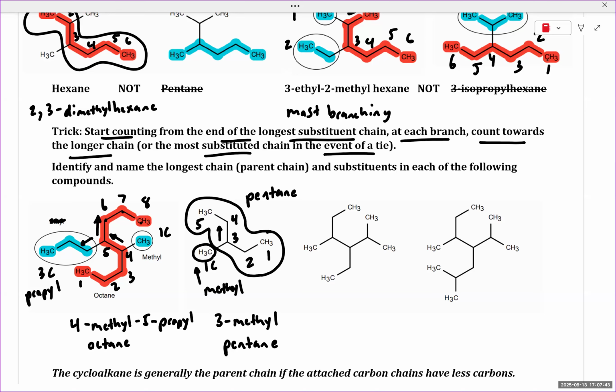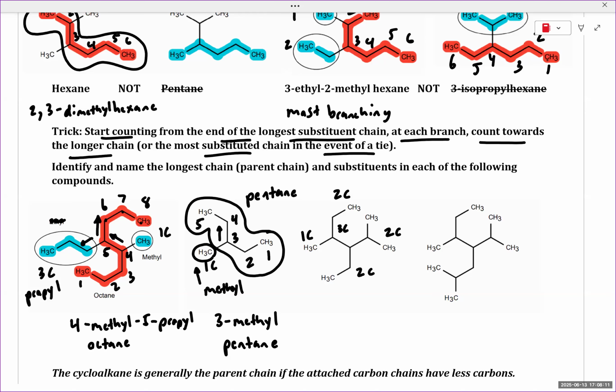Looking at this next case, we have a 2-carbon chain, a 2-carbon chain, a 1-carbon chain, and a 2-carbon chain. You can also think of this entire chunk at this juncture as 3 carbons. So in this case, we are going to count down our longest chain.